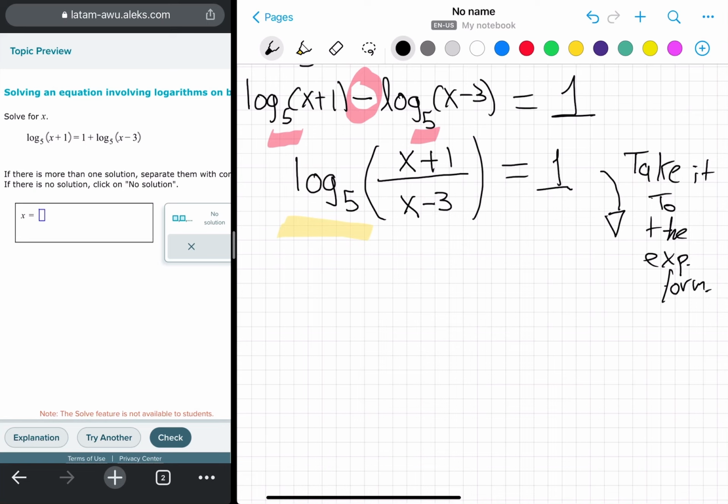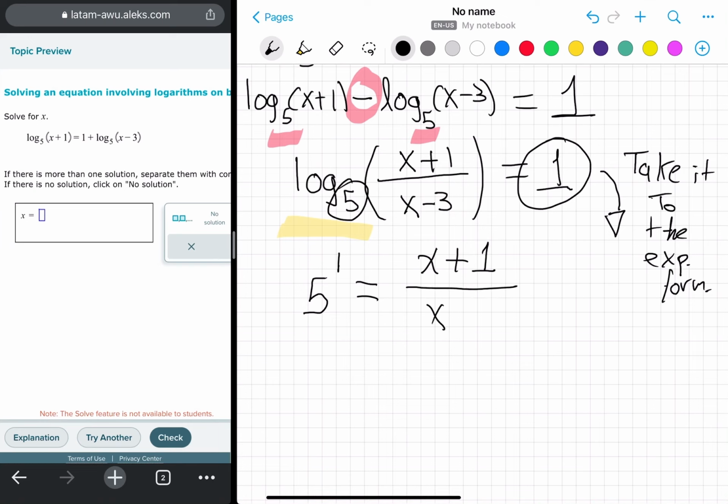I want to write this as the exponential by taking the base, which is 5, the exponent, which is 1, and the result, which is this whole argument. Okay? So x plus 1 over x minus 3. And that way I no longer have logarithms in my equation.